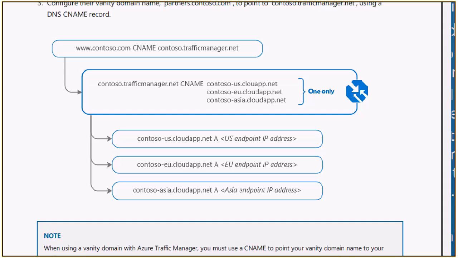Sure. Suppose you configure contour.com, and the CNAME would be contour.trafficmanager.net or AzureAG.com, and then you put all three sites into the Traffic Manager and configure it.